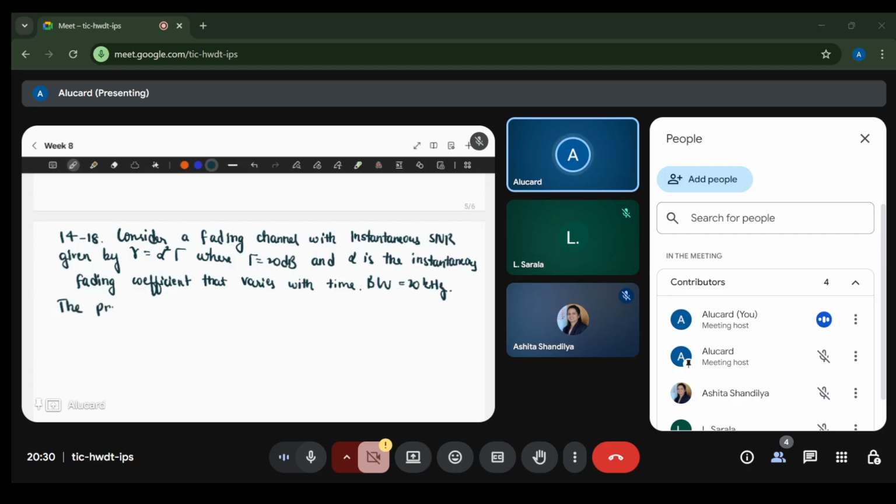The probability distribution of alpha is as follows.